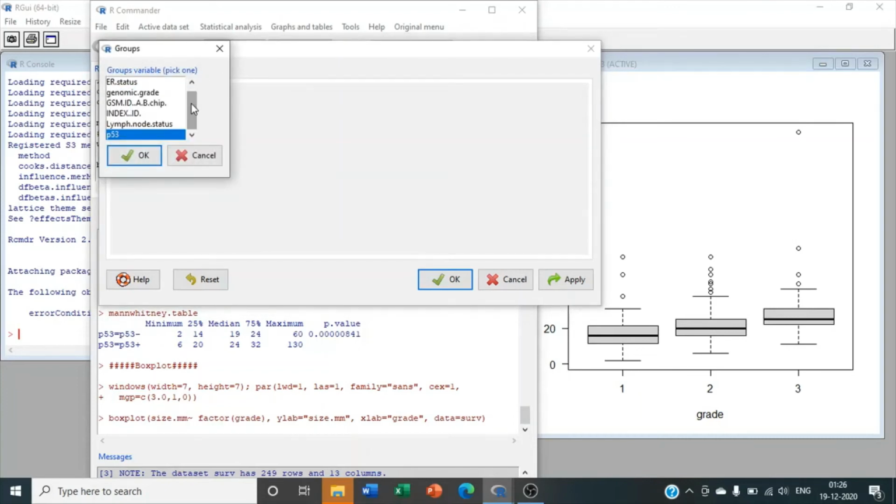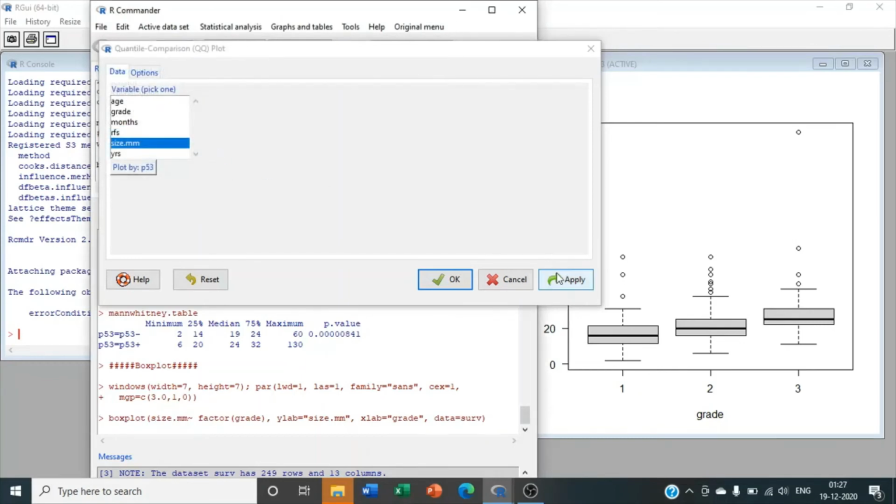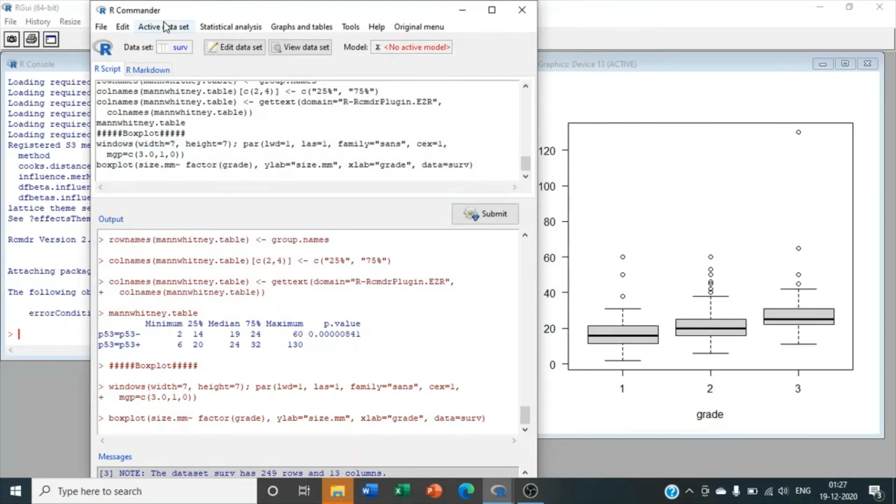That is because in the original menu, they are very strict about the variables. Grade, since it has been numbered as 1, 2, and 3, is being treated as a numerical variable. We have to convert grade into an ordered categorical variable.